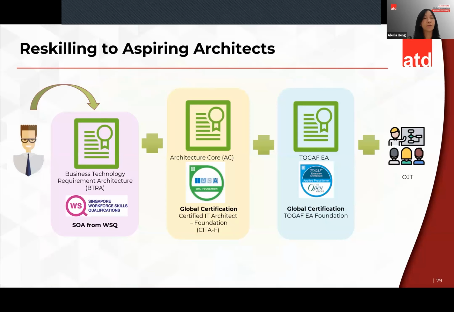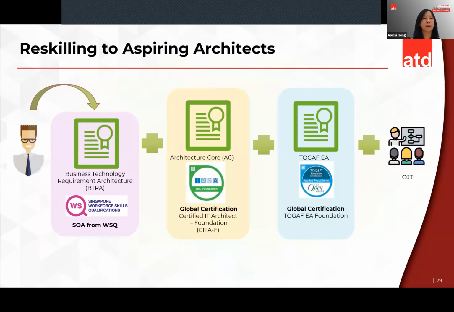Okay, so we also have programs to help organizations or individuals move towards this career path, right? In order to eventually be an architect, you would need to learn about the business need analysis, which is under the BTRA. You will also need to learn about the foundation skill and the framework itself, right?